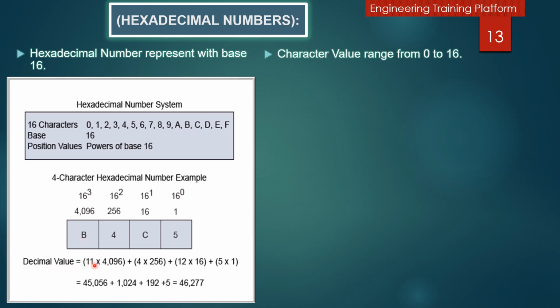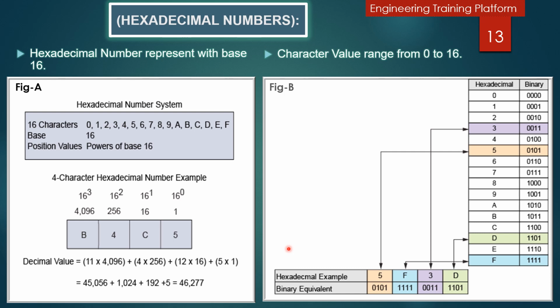Here we multiply 11 by its position value, plus adding all the values respectively, and finally we got the result for the decimal value: 46,277. The final result is that the hexadecimal number B4C5 is equal to 46,277 decimal.